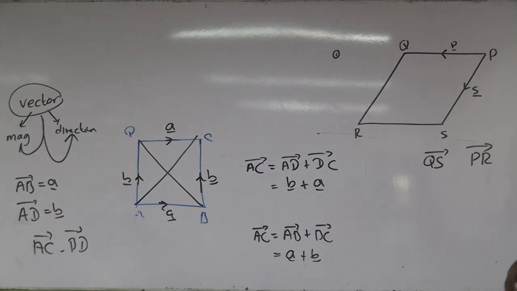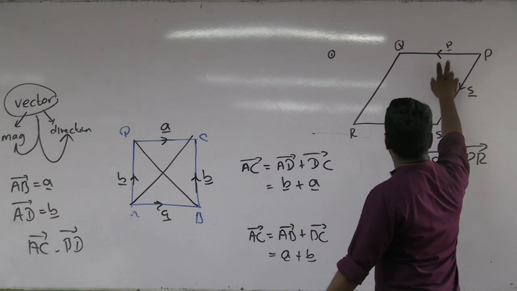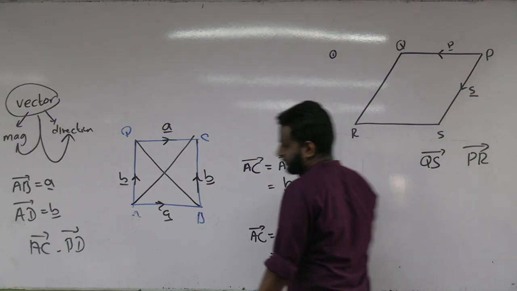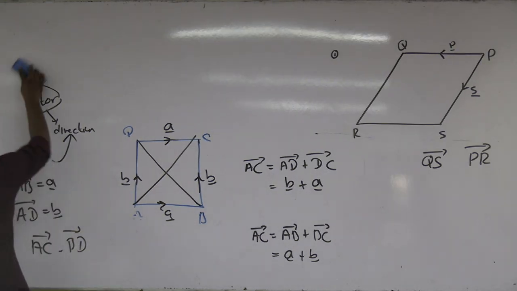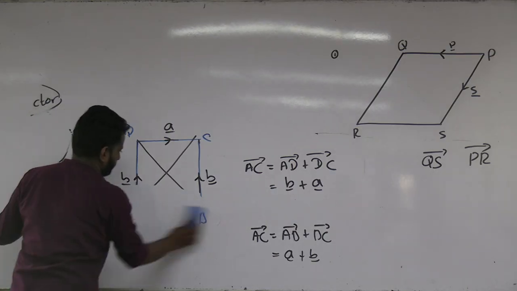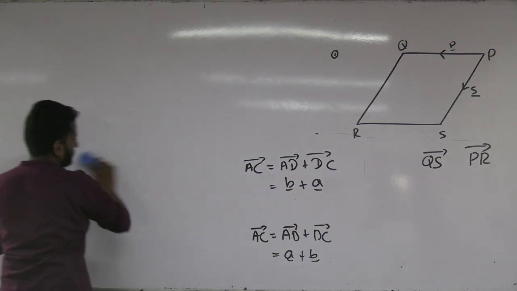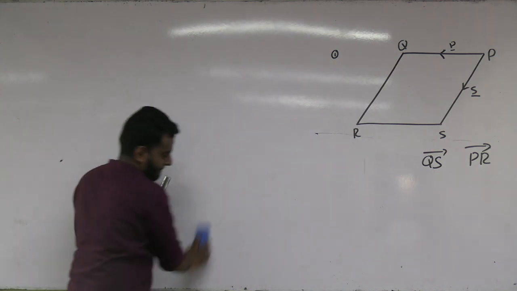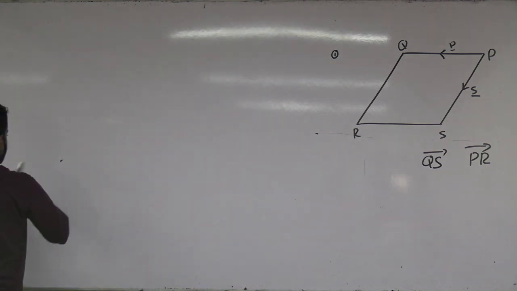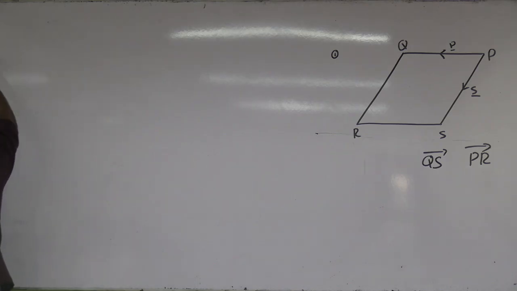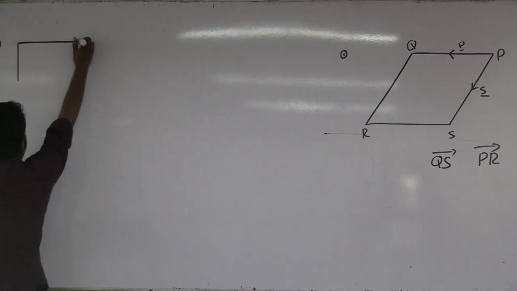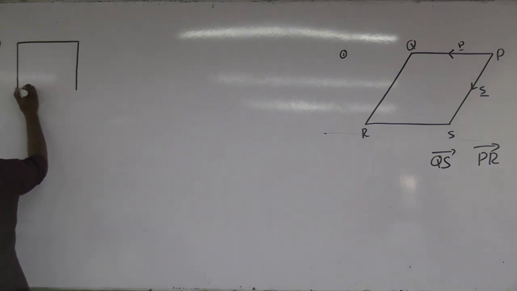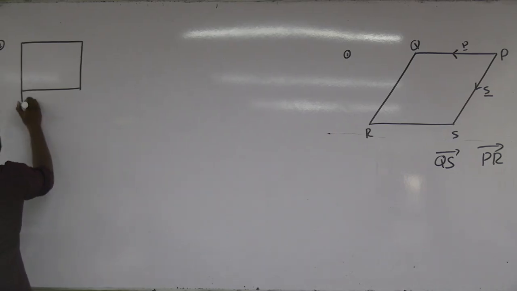This question is a parallelogram where they have given us two vectors P and S. We are supposed to find QS and PR. Let's go find QS and PR. Right. Because this is the second question, we have a square ABCD.